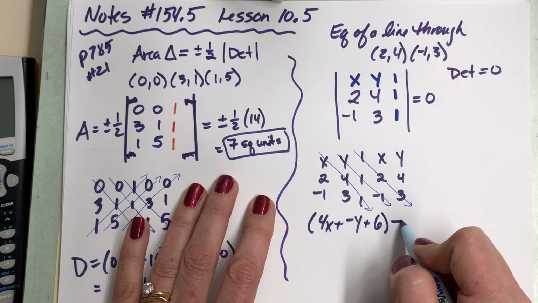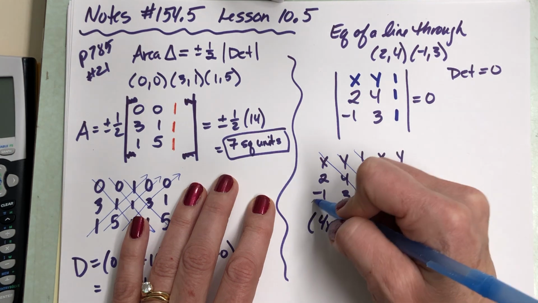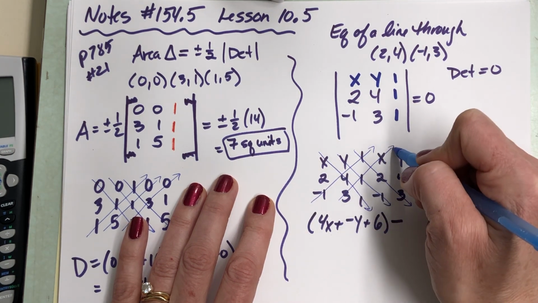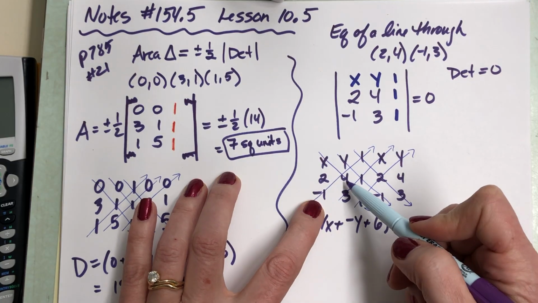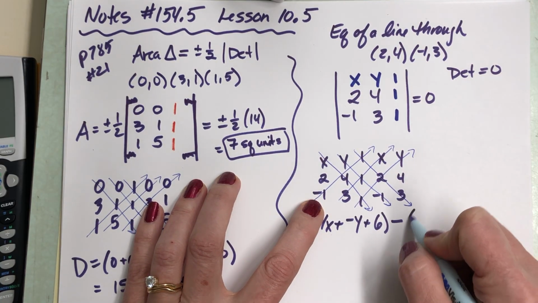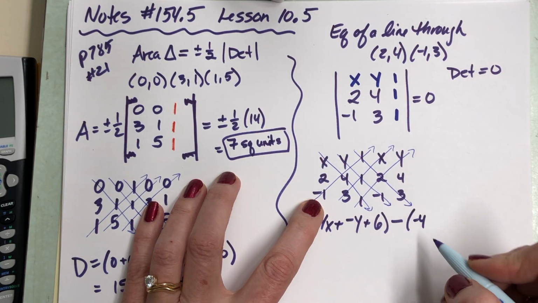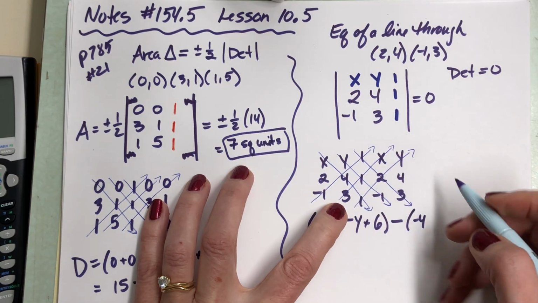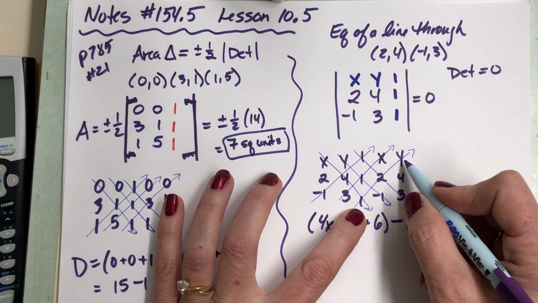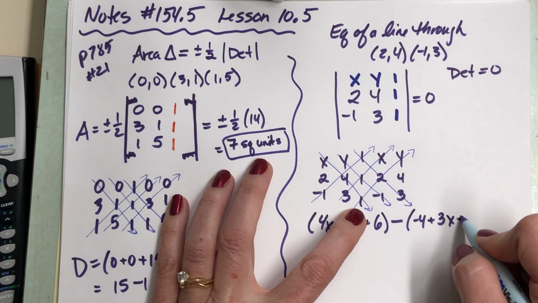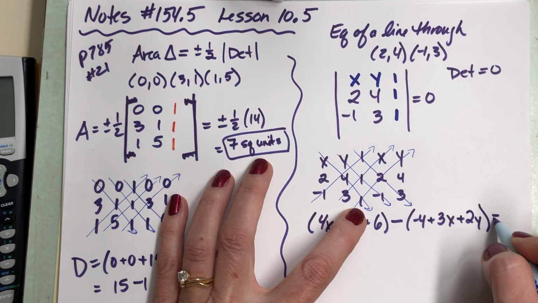Minus, then we're going to go the opposite direction. -1 times 4 times 1, which is -4. 3 times 1 times x, which is 3x. And then 1 times 2 times y, which is 2y. And I'm going to set that equal to 0.